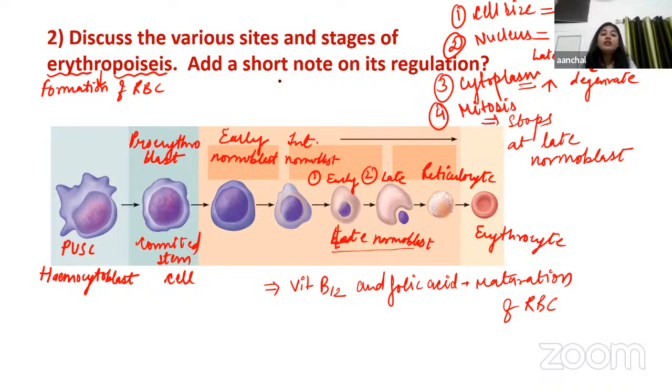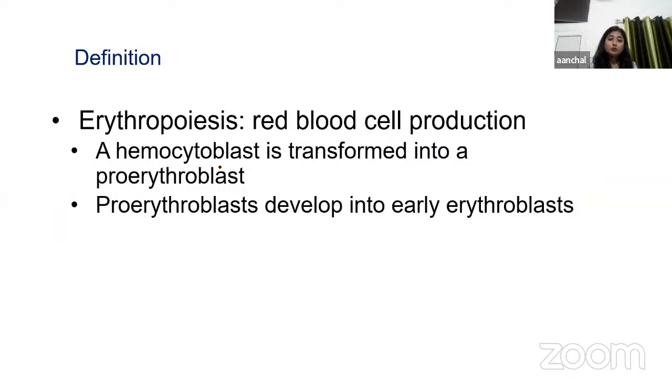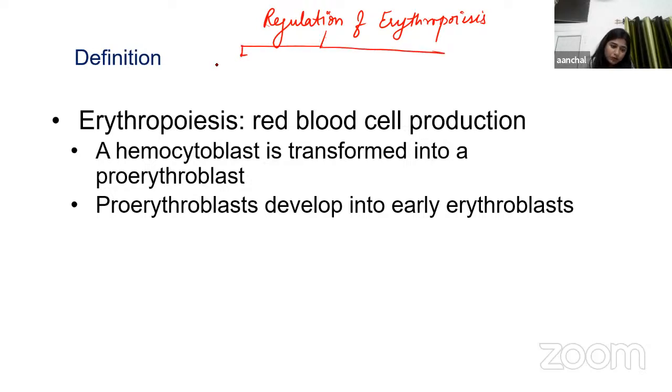Then second, we have to add a short note on its regulation. So now we're going to discuss the various things about the regulation. Talking about the regulation part, in regulation we know about general factors, and that is basically hypoxia.